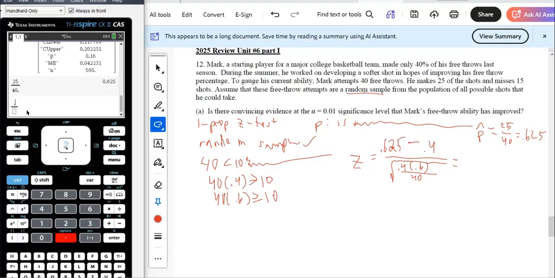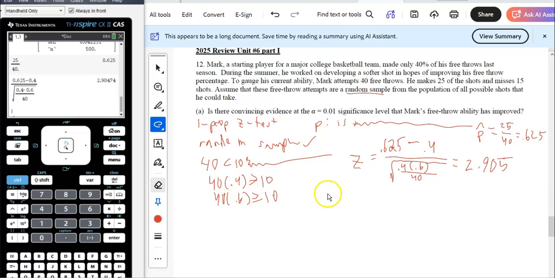So 0.625 minus 0.4 over the square root of 0.4 times 0.6 all over 40. So we think this is 2.9. Well, that's pretty significant. It's more than 2 standard deviations away, almost 3.